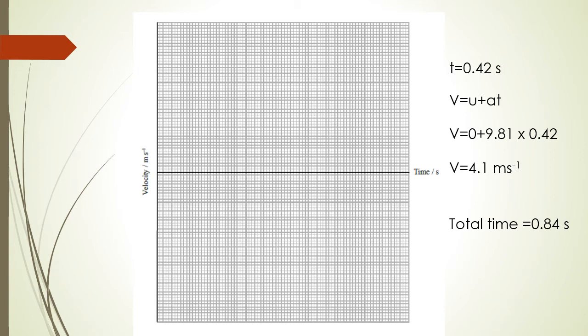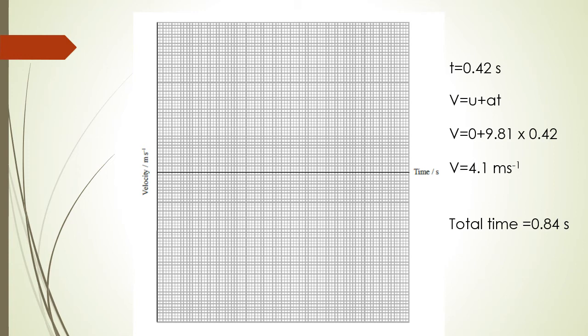It hits the ground and it bounces back with the same speed, 4.1 meter per second, and when it moves up it decelerates, and at maximum height the velocity is again 0. So the total time, downward motion and upward motion: downward motion, the time is 0.42 second, and for upward motion the time is the same, 0.42 second.